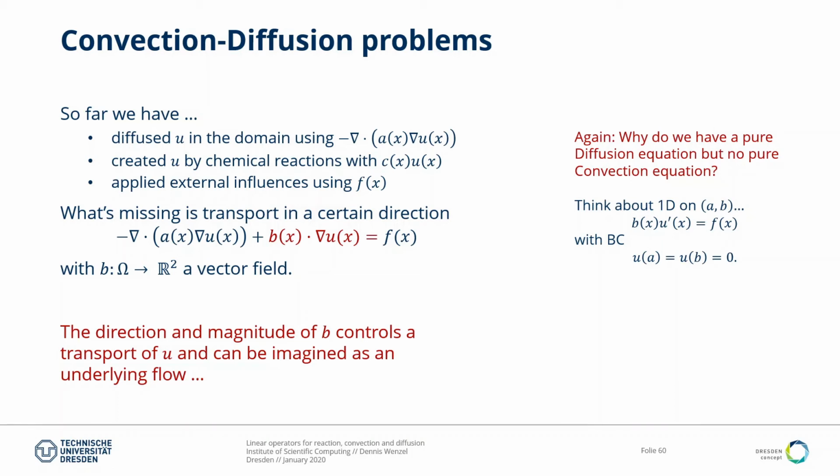Then, well, what would you do? You would reformulate that whole thing and say u prime of x is f of x over b of x. And then you would formally integrate that whole thing. So you're saying that u of x, your primitive of the whole thing, is the integral over f of x over b of x, plus some constant, let's call it gamma, for example, right?